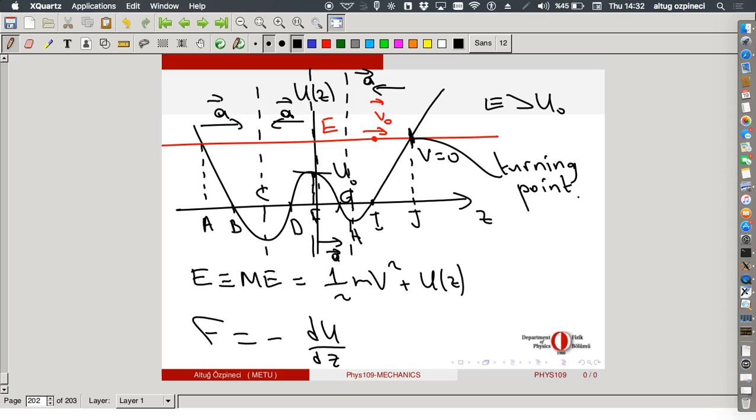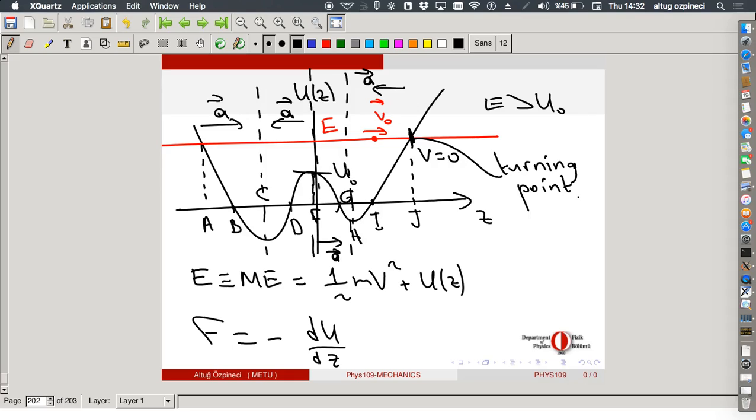Then it reaches this point, passes that point. In this region, the derivative is positive, so the force is in the negative direction, and between C and A and even further, the derivative is negative, hence the force is in the positive direction, so the acceleration is in the positive direction.